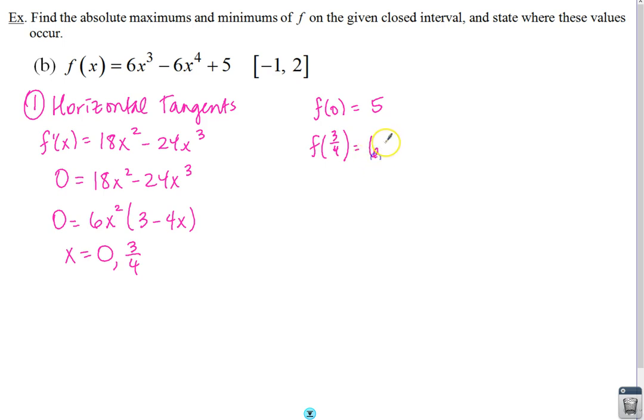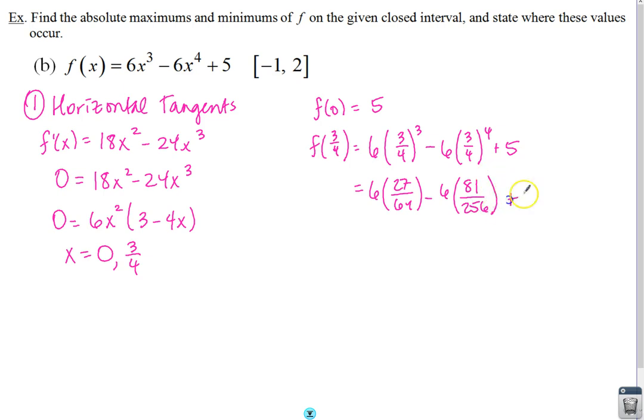We're going to say 6 times 3/4 cubed minus 6 times 3/4 to the 4th plus 5. So that's going to be 6 times 27 over 64 minus 6 times 81 over 256.